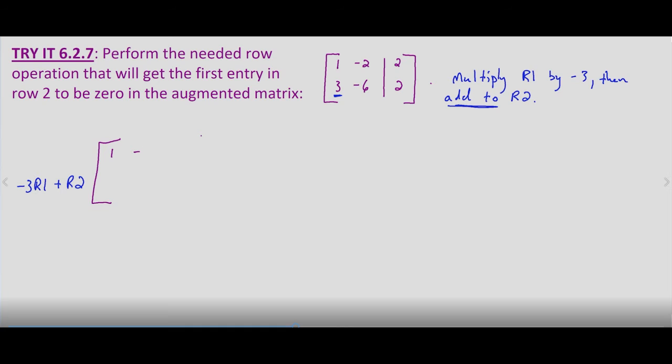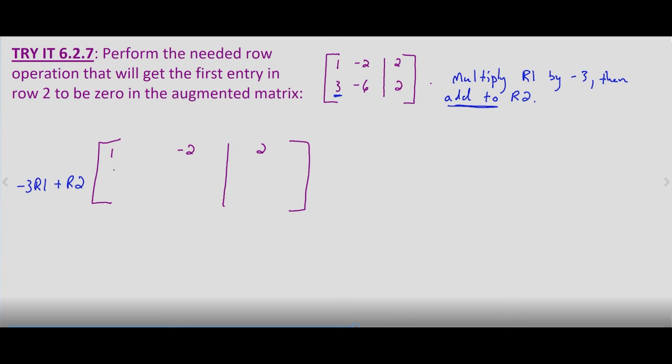And then in our second row, we are going to have negative 3 times the term in row 1 plus the term in row 2.